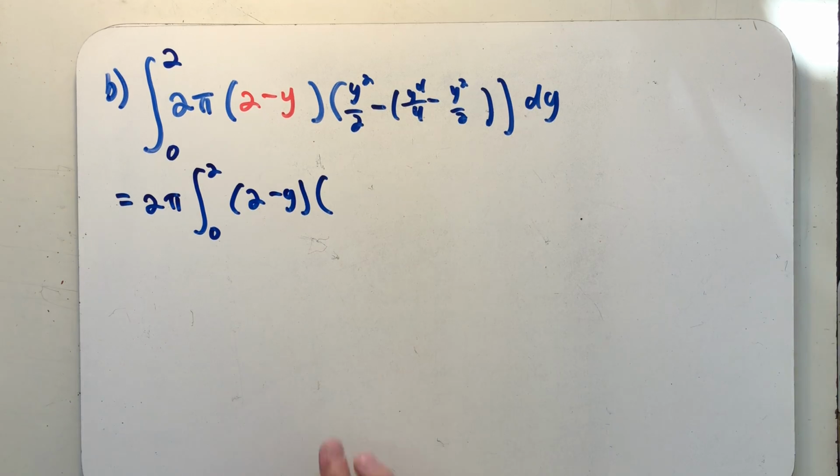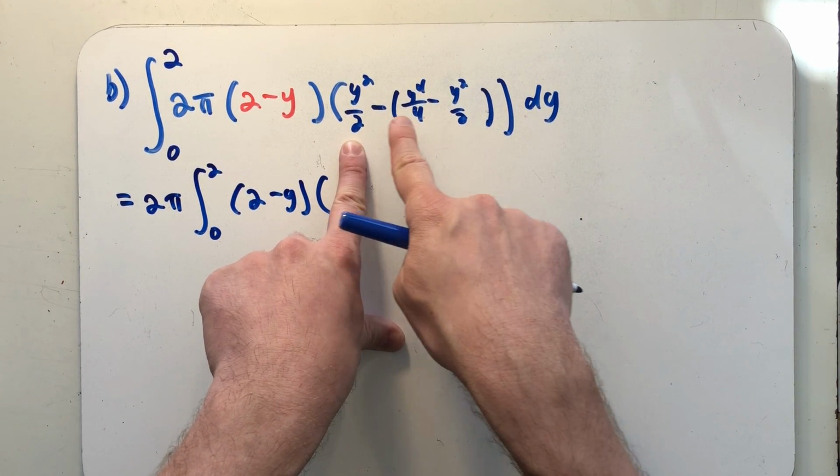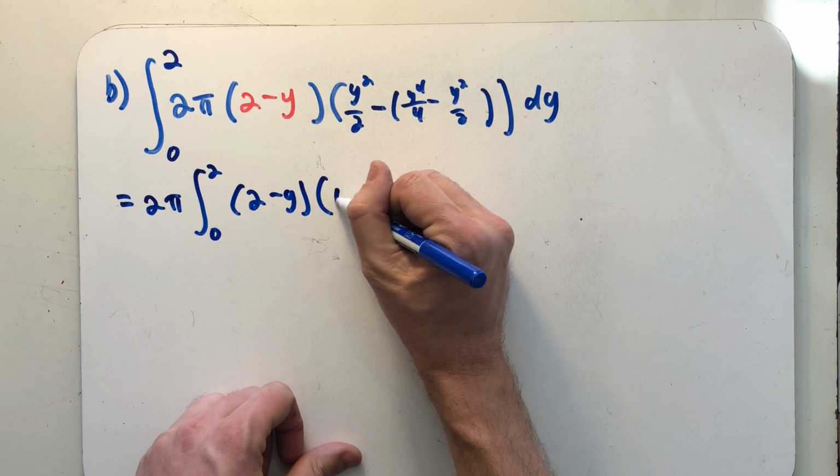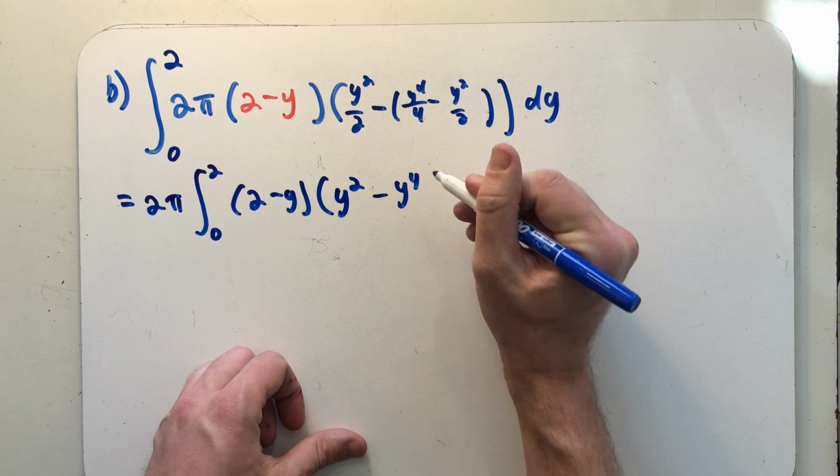All right, in the second set of parentheses, I can do some simplification. I have a y squared over 2 minus a minus y squared over 2. It's really adding 2 of those together, minus y to the 4th over 4.